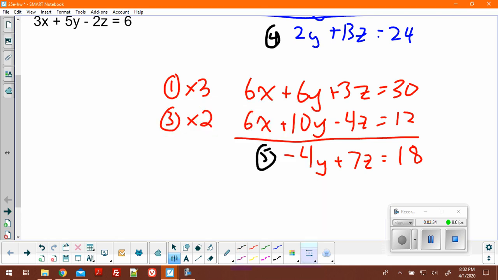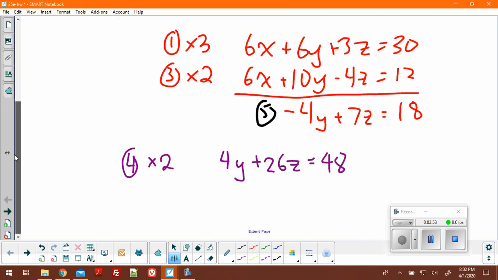To eliminate y, I would need to multiply equation 4 by 2. So 4 times 2 gives me 4y plus 26z is equal to 48. And negative 4y plus 7z is equal to 18.